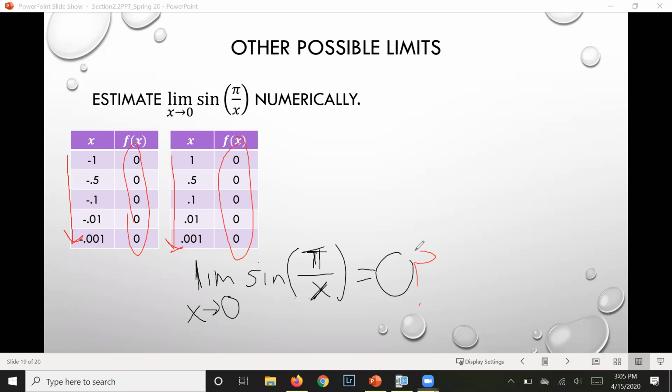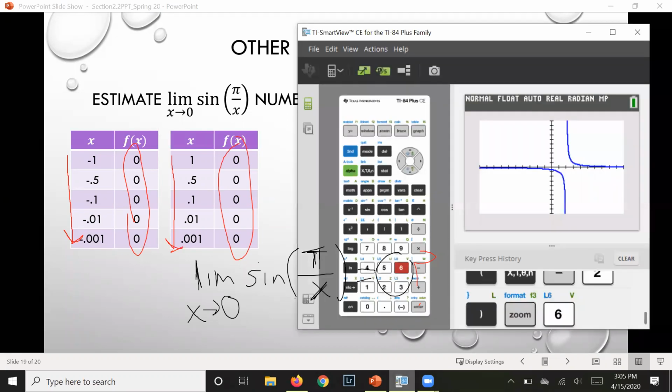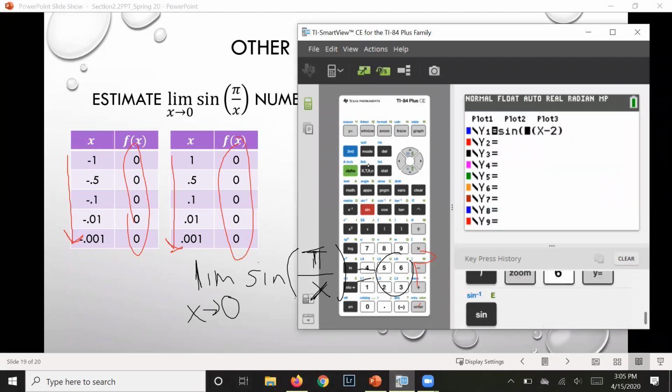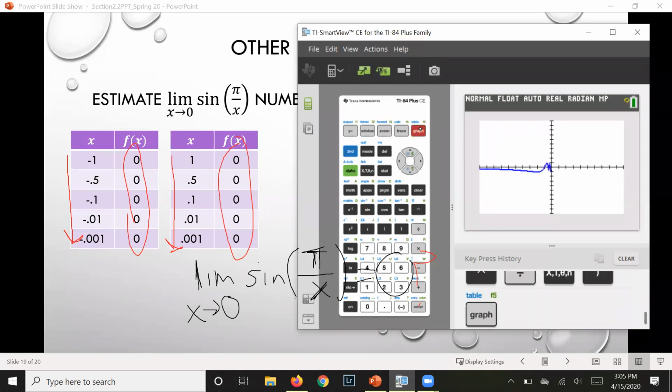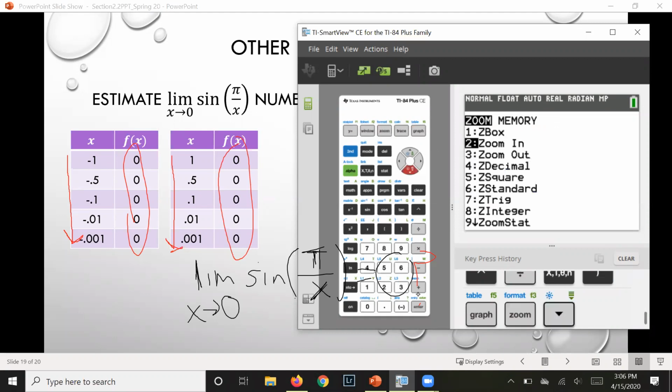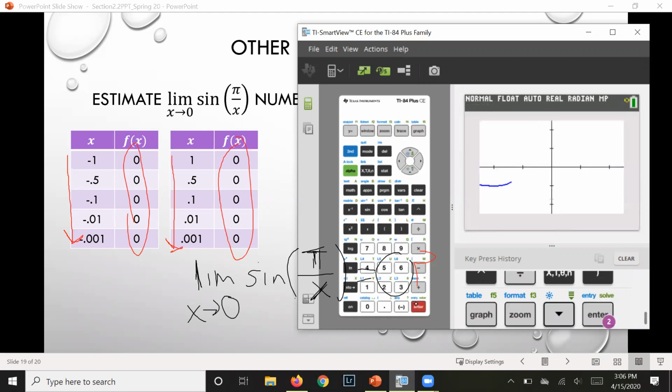So I'm going to go back to my calculator. I'm going to now graph the function y equals sine of pi over x. Graph this, and we're trying to approach where x equals 0, so here near the origin. It's kind of hard to see what's going on, so I'm going to zoom in. And if you look right around 0, there's a lot of crazy stuff happening, right?